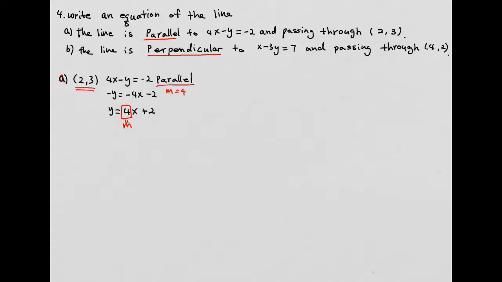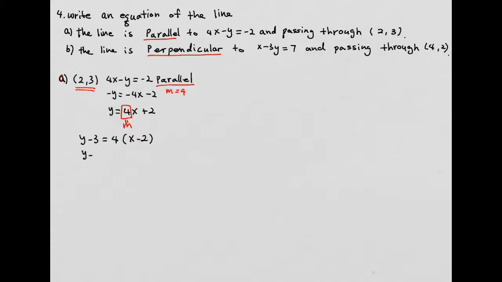And you have a point. So once you have that information, use it in the point slope form. So it will be y minus y1 equals slope times x minus x1. And let's see if we can write it in slope-intercept form, solving for y.